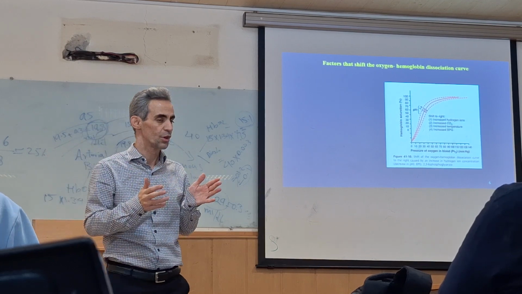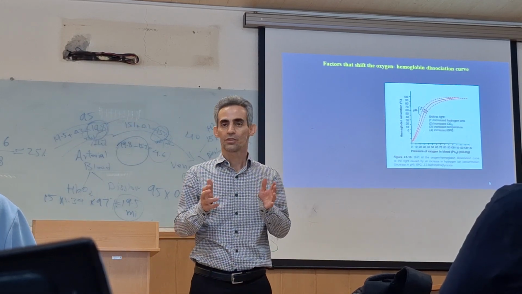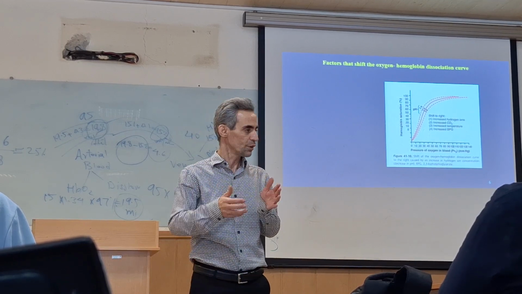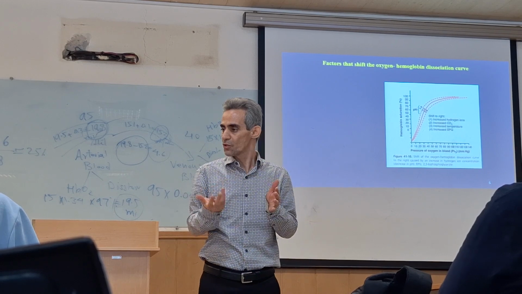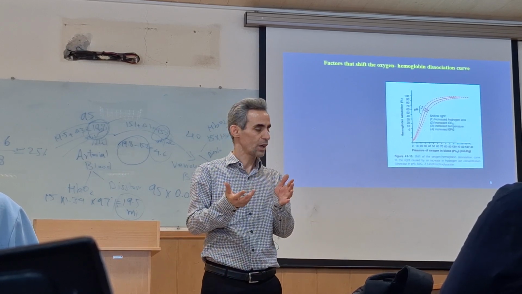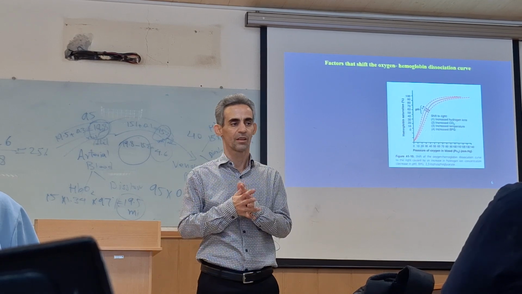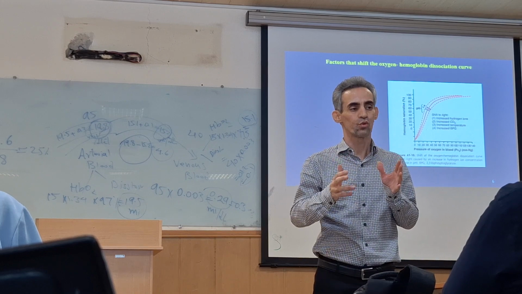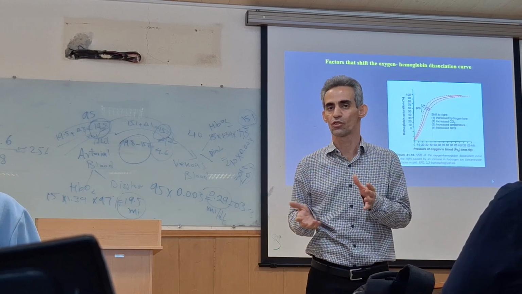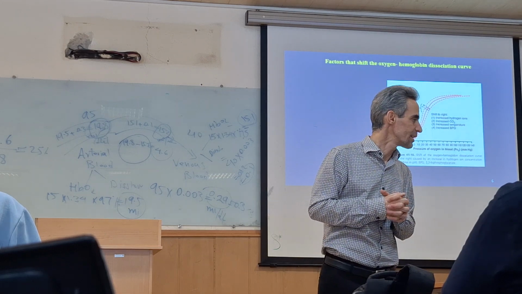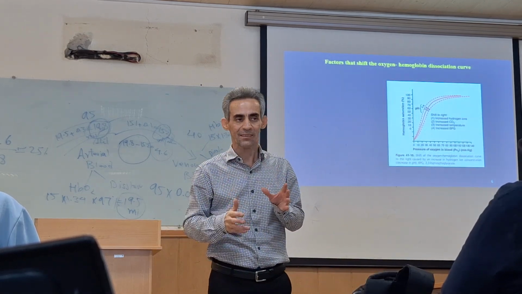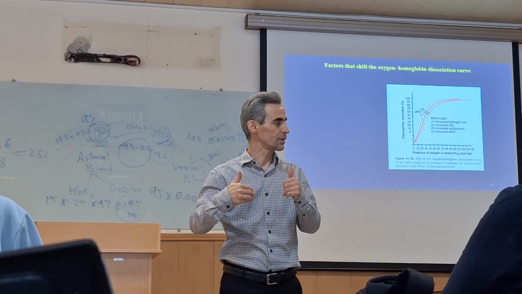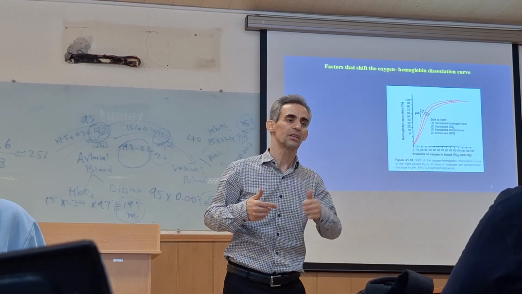Opposite to this, in some conditions, the hemoglobin wants to release oxygen, the affinity decreases, the tendency decreases. In this situation, we say that the oxyhemoglobin has shift to right. So shift to right, affinity decreases. Shift to left, affinity increases.